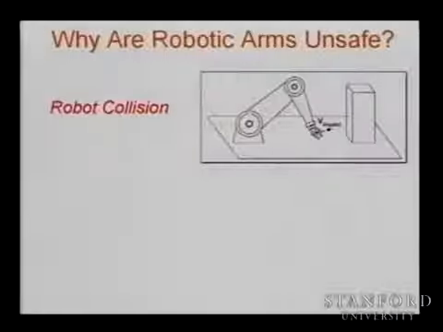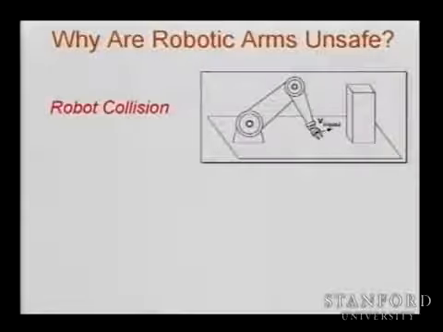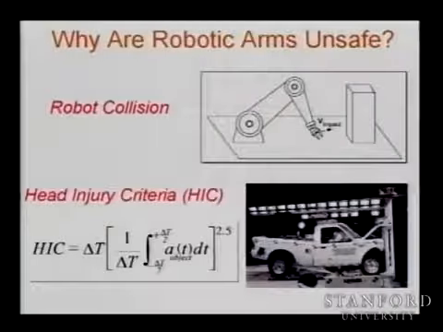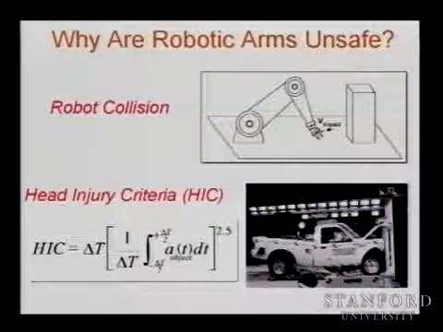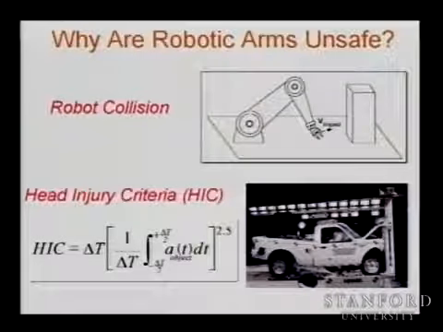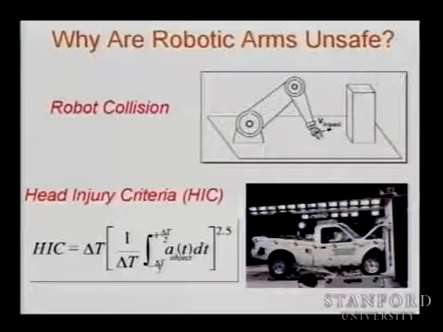So if we think about the problem of collision, essentially you have a robot moving at some speed. It has some stiffness, the environment has some stiffness, and when you have a collision, you are going to have an impact force. This typical problem was studied in the automobile industry, and they came up with a criterion called the head injury criteria. The head injury criteria measures the risk of injury given the impact forces.